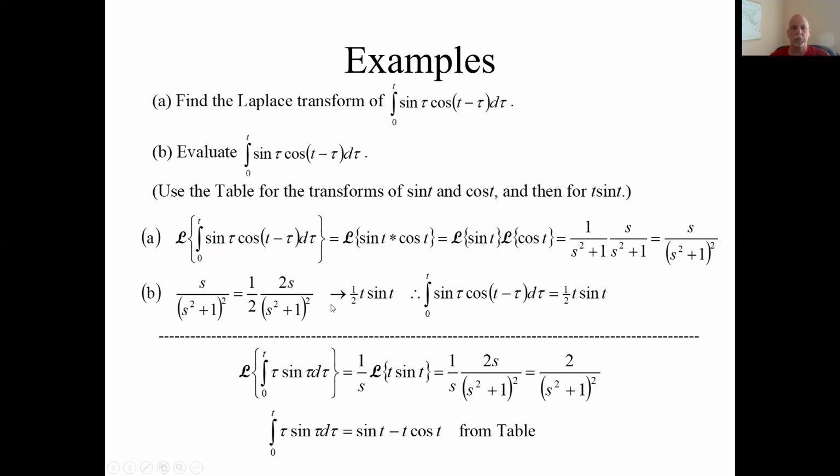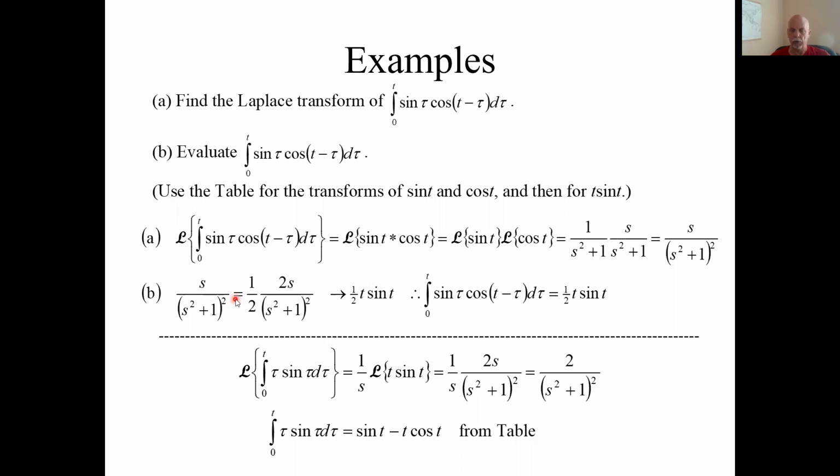So this isn't quite in the table directly, but this is 2s over this, at least in the table I use. So I just multiply by a half to make it come out right. So it's a half, and this is in the table. If it weren't, you might have trouble.